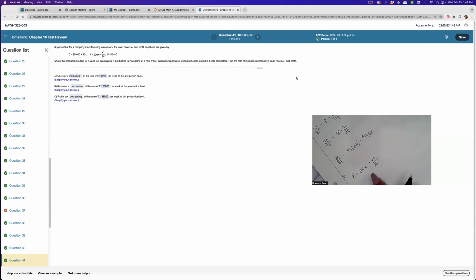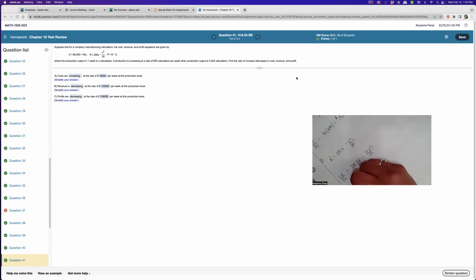So the same thing, we're going to find the derivative of r with respect to t equals the derivative of 200x with respect to t minus the derivative of x squared with respect to t.